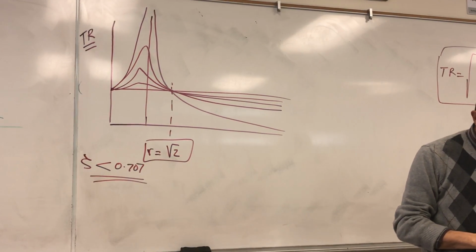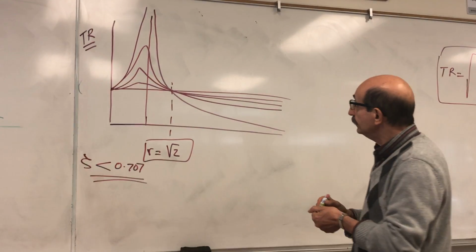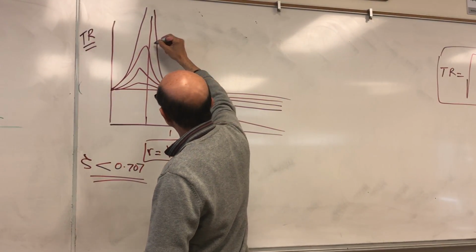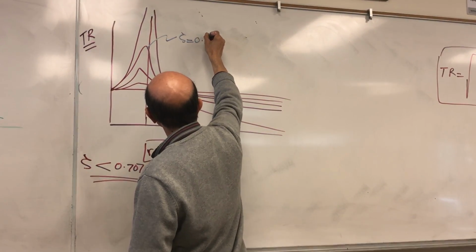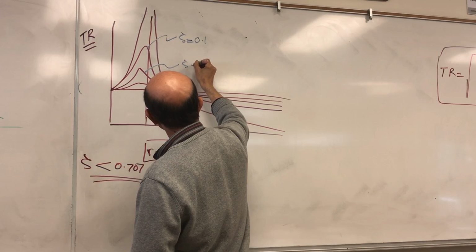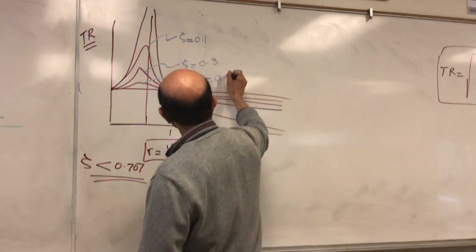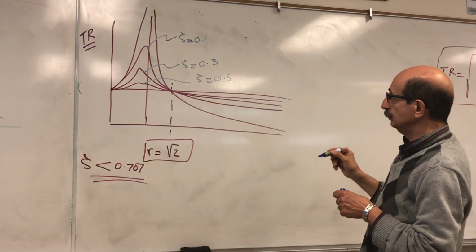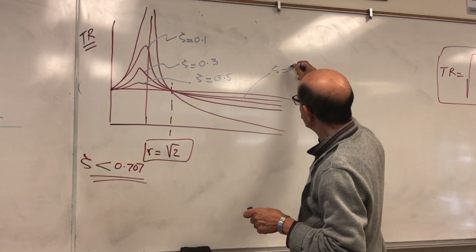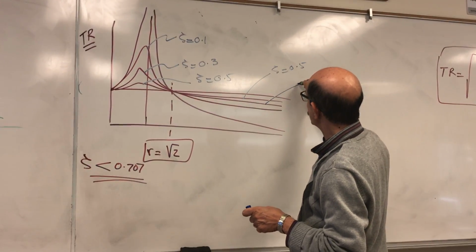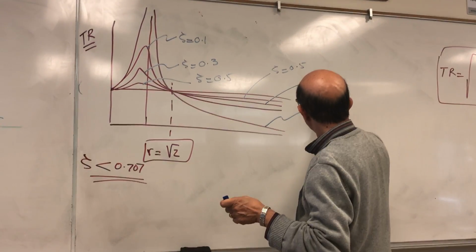And something else that you also notice is that as the damping ratio is increasing, let's say 0.1, zeta 0.3, zeta 0.5, and so on, let me actually label those here also. This is zeta 0.5, let's say this is zeta 0.3, let's say this is zeta 0.1.